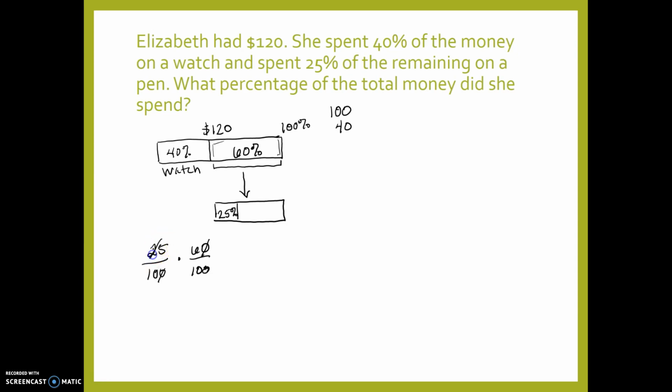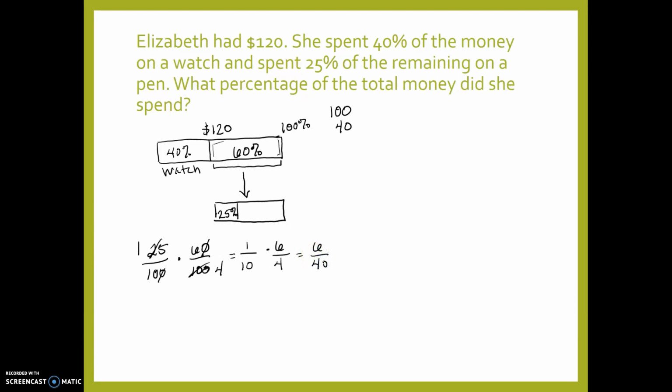So we'll divide both by 25, and we'll get 1 right here, and we'll get 4 down here. Okay, so that leaves us with 1/10 times 6/4, which is going to give us 6/40.